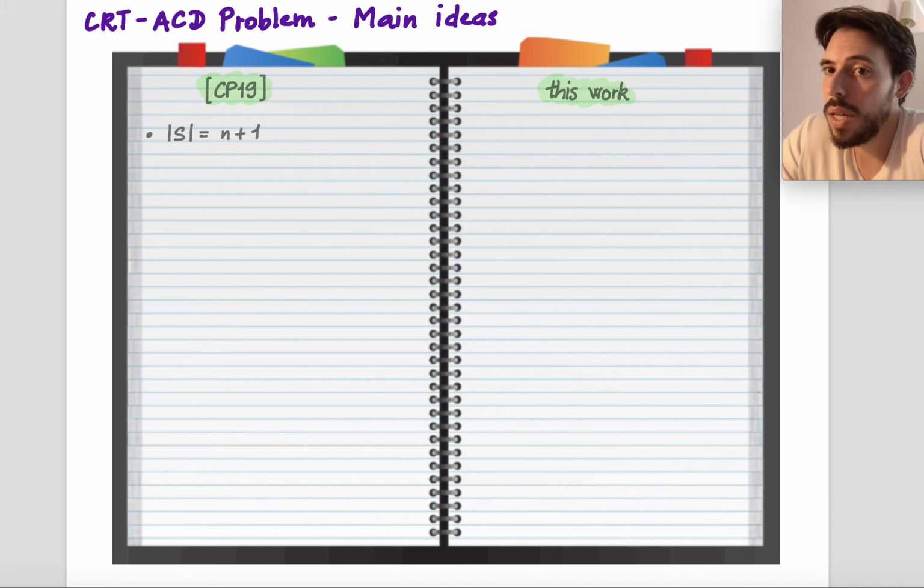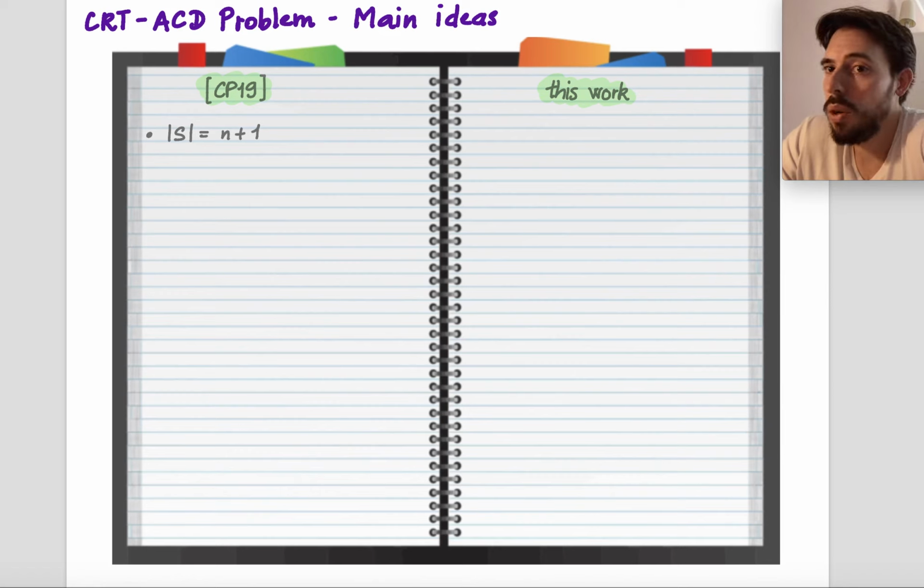So this slide here is meant to mainly highlight similarities and differences between the algorithms. On the one side, the algorithm by Coron and Pereira, and on the other side, our improved algorithm. And to convince you that despite many similarities in the construction, they diverge on one main conceptual point.